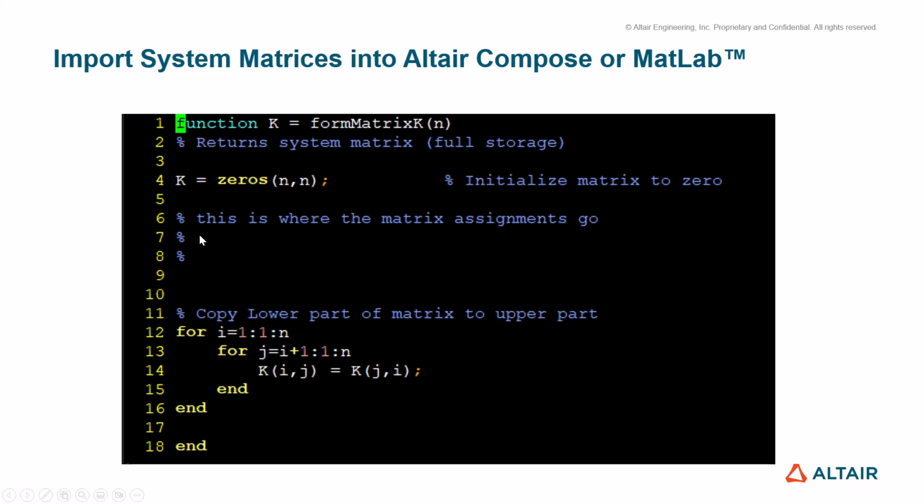Right here between lines 6 and 10, you should copy and paste the stiffness matrix or mass matrix that you have in the trail file. So you just copy and paste it over here. And then what the program also does is copy the lower triangular part of the matrix to the upper triangular, and you basically then end up with a matrix which is what you are used to, a full matrix storage scheme.